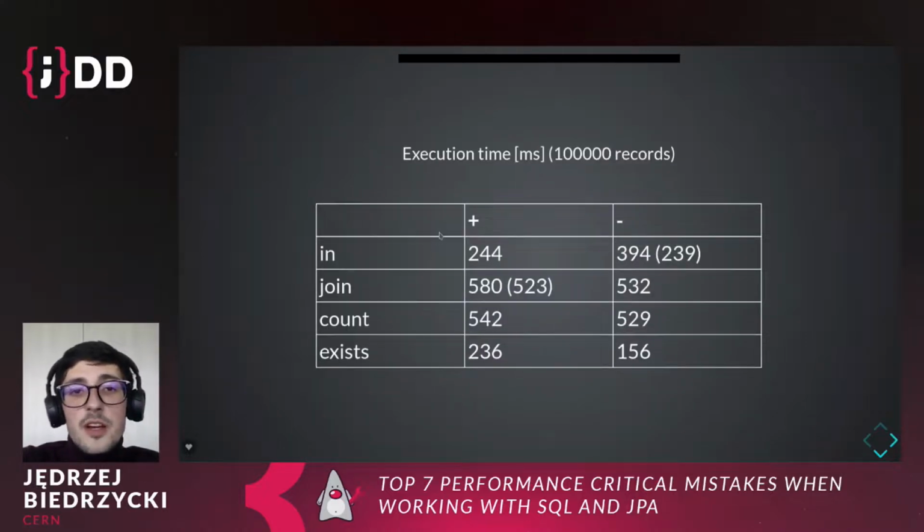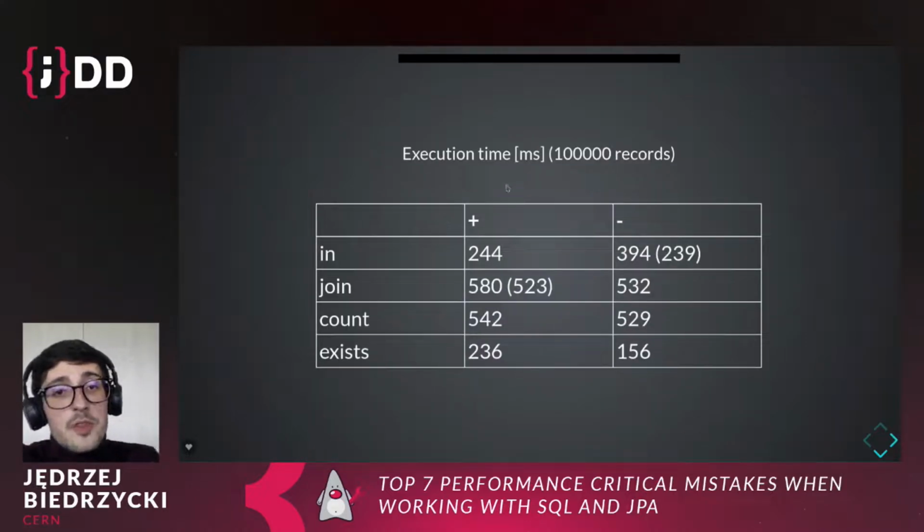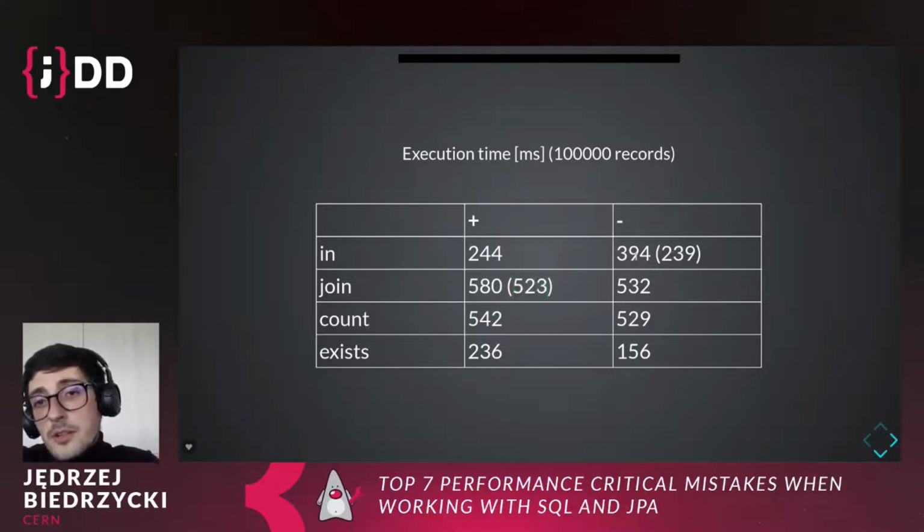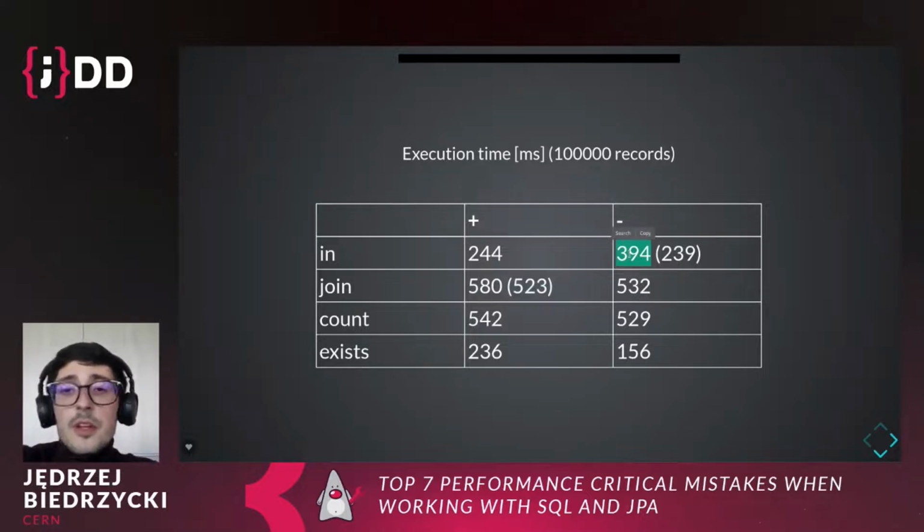Now the execution time for 100,000 records for join and count, we can see is quite disastrous, right? If in join we use inner join, it is slightly better, but still much worse than in or exists. If we take a look at in, if there are no reviews, then it's not much better.